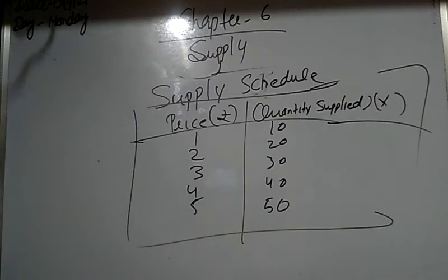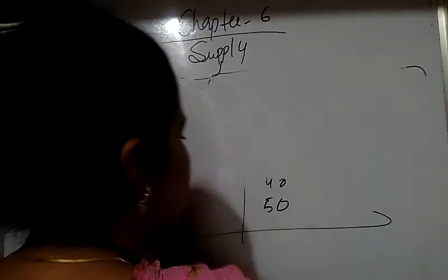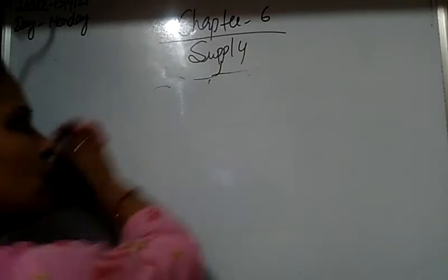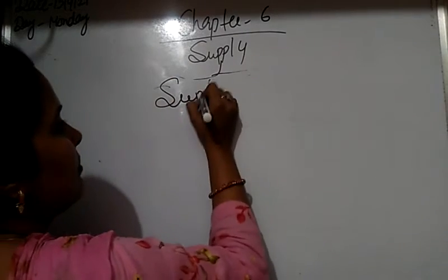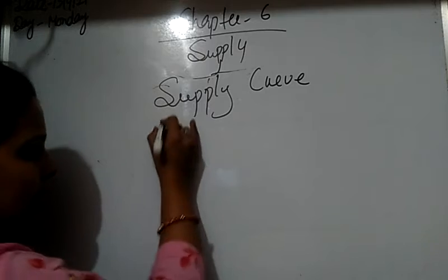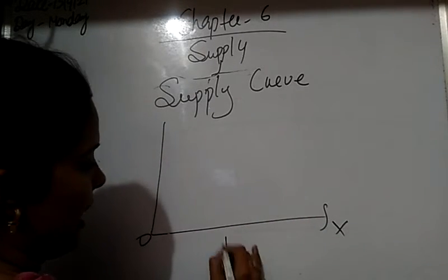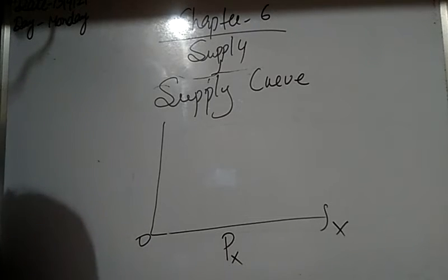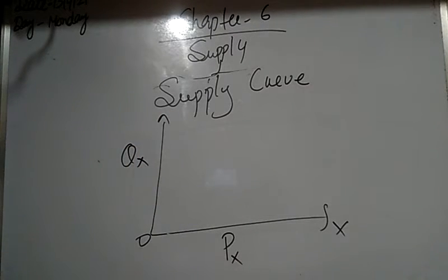Okay students, next is supply curve. When we present the supply schedule graphically, diagrammatically, we call that a supply curve. Now I am considering the table. I am taking the price of X commodity on the x-axis and the quantity of commodity supplied on the OY axis.